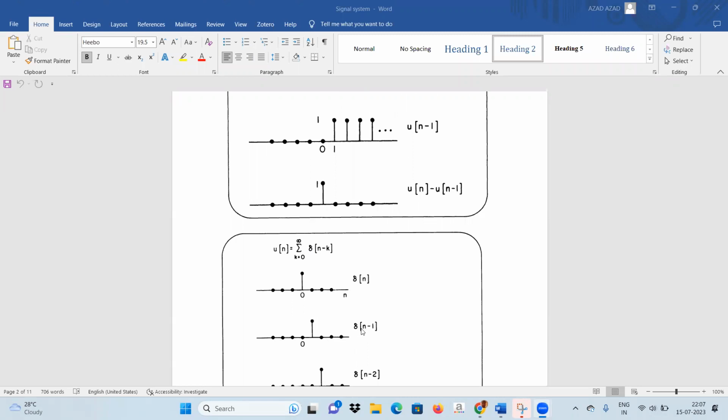Now you can shift the impulse function. For delta n minus 1, the origin will shift to n equal to 1.